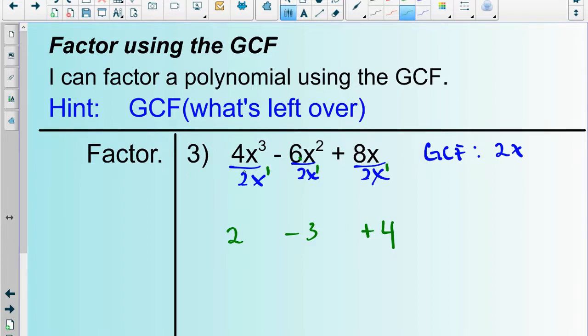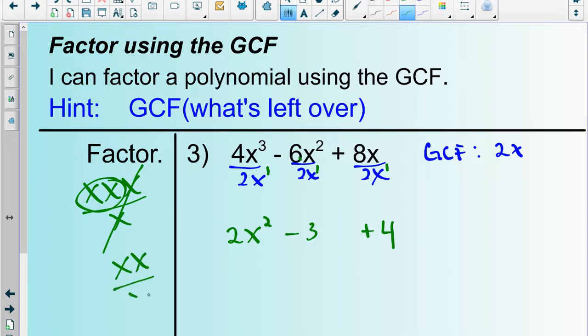In the first expression, x cubed divided by x to the first is x squared, because x cubed divided by x, cancel, you're left with x squared. In the second part, it's x squared divided by x, cancel, you're left with x.